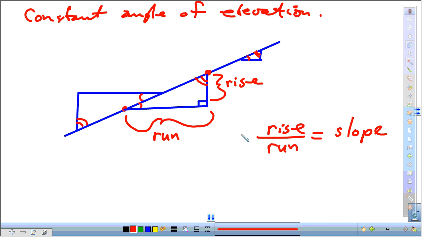We also use a little letter m for the slope. So rise over run in this picture will remain the same all along the line.